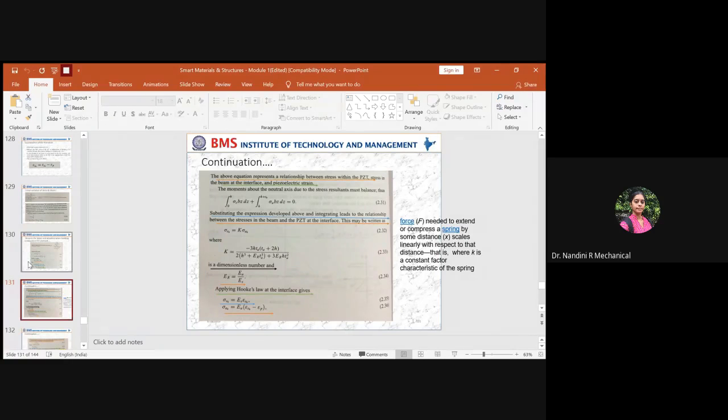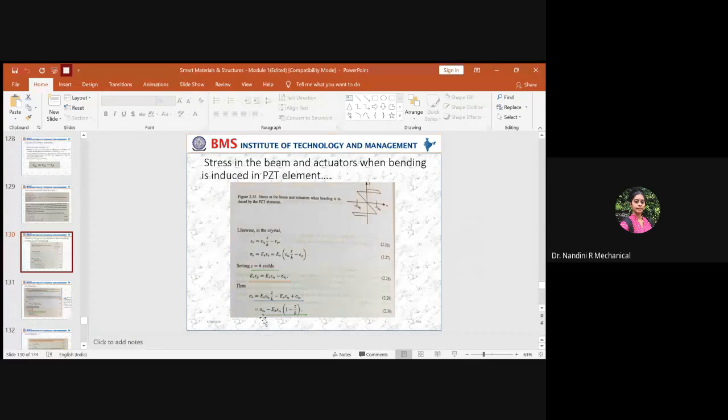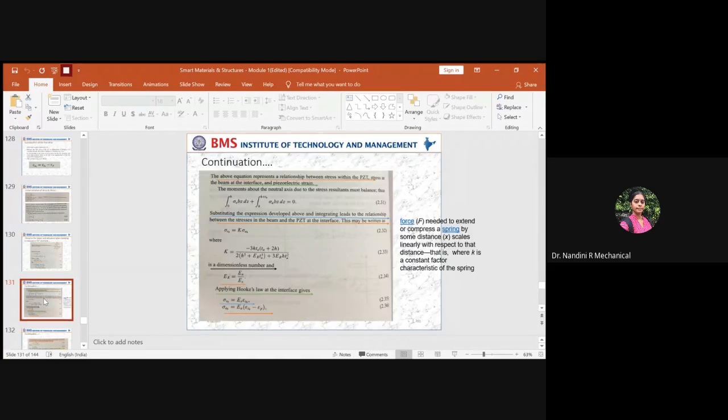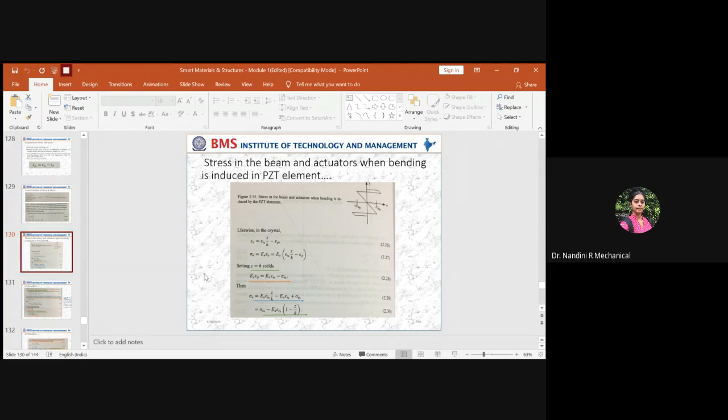So now in the previous slide, we got the equation for both stress and strain together. So once you have got the equation for both stress and strain together, what you have to now do is, the above equation represents the relationship between stress and strain across the given PZT element. So here the stress in the beam is at the interface and piezoelectric strain. So what stress and strain you are getting in the previous equation is across the interface.